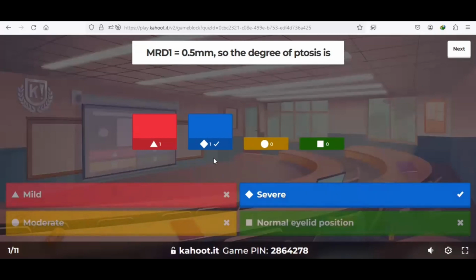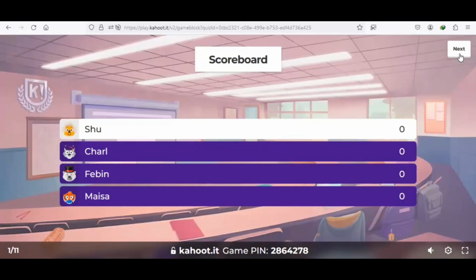Only 2 participated in this question and 2 didn't. Because this is a demo, there are no points. You have to answer correctly and faster. If you both answered correctly, but one is faster than the other, the fastest one will be at the top. So be ready because the next question is coming.